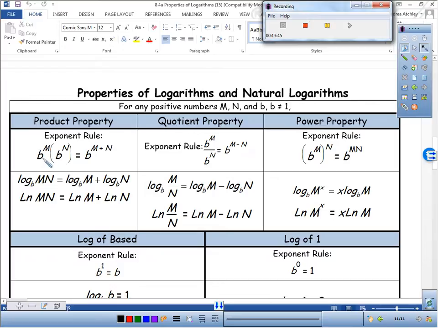Our exponent property was b to the m times b to the n, or x to the 5th times x squared, would give me what? X to the 7th power. I add those exponents. Same thing here. If I have log base b of m times n, I can just add those two logs, similar to our product rule for exponents.